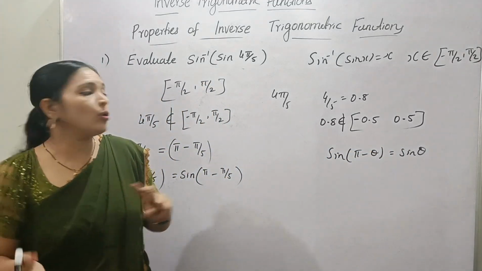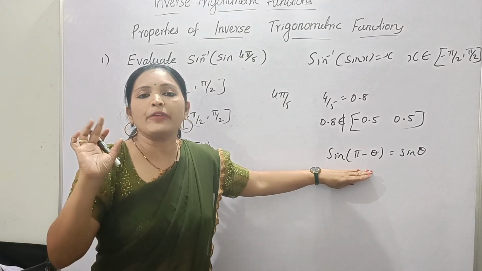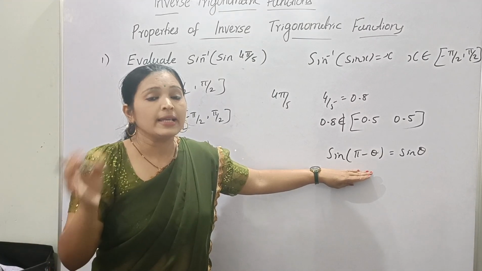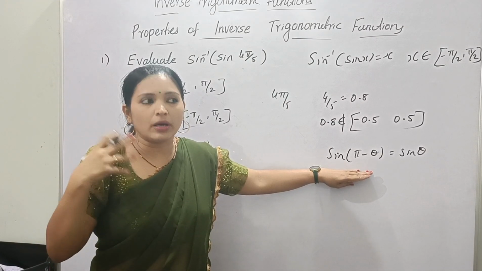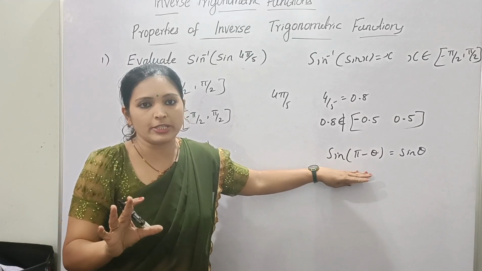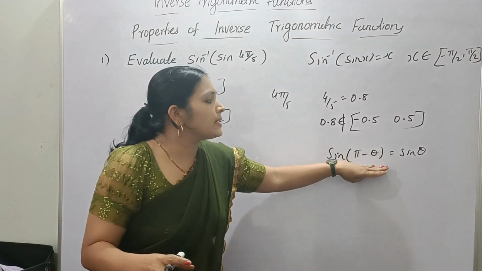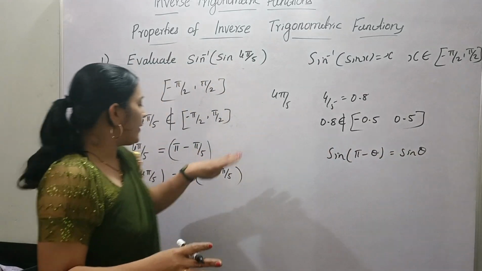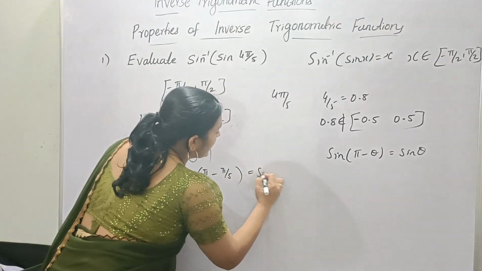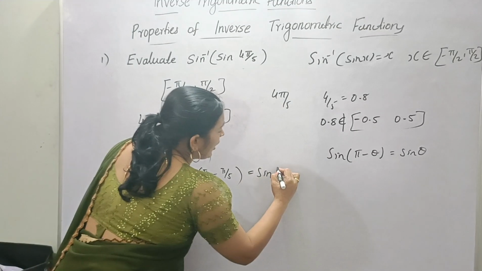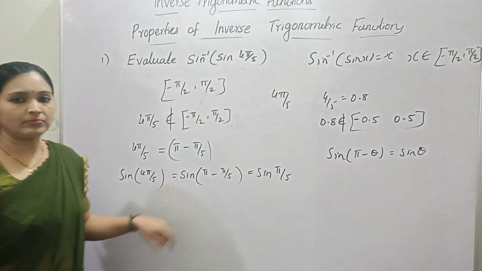If you have any doubt in these properties, you go to my video of trigonometric functions. There I mentioned the trick to memorize all these properties. Okay. So, sine pi minus theta is equal to sine theta. Therefore, here we can write sine of pi minus pi by 5 is sine pi by 5.